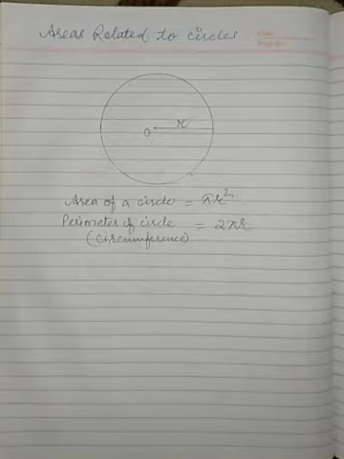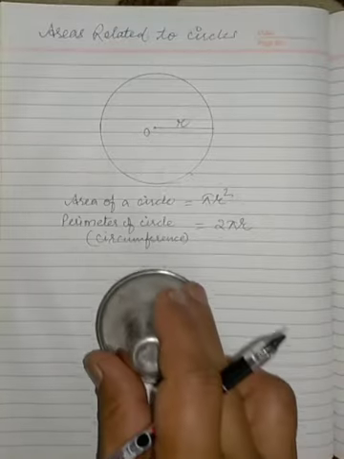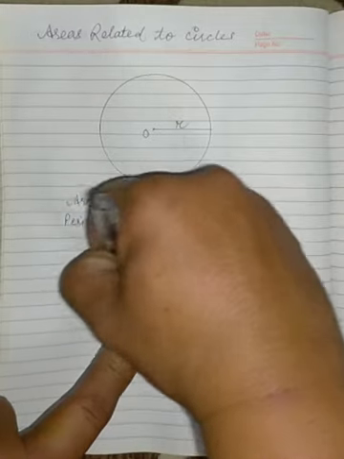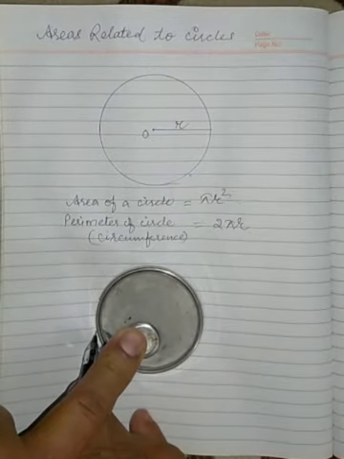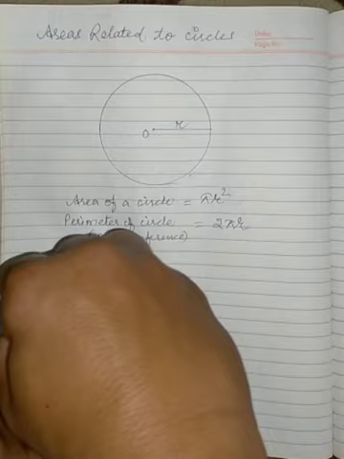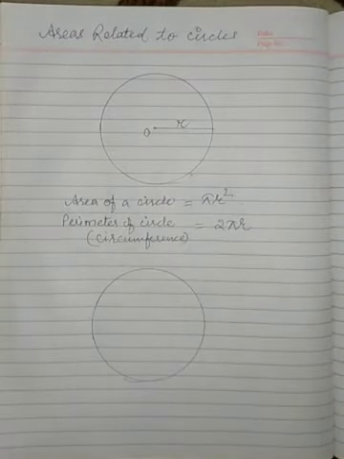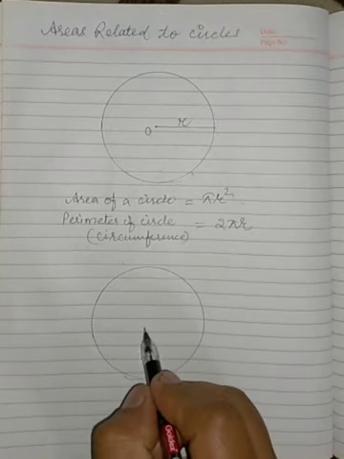So for this, let us draw one more circle here. Again, we have drawn one circle with radius r.